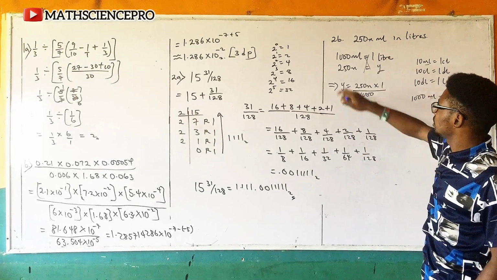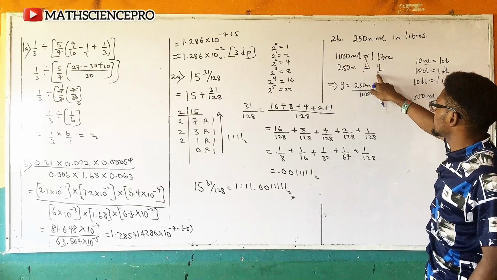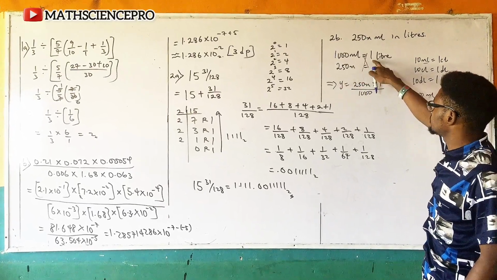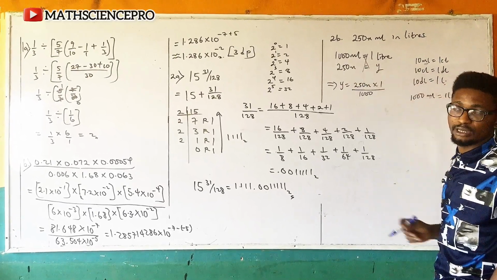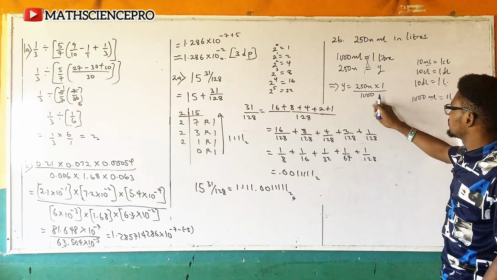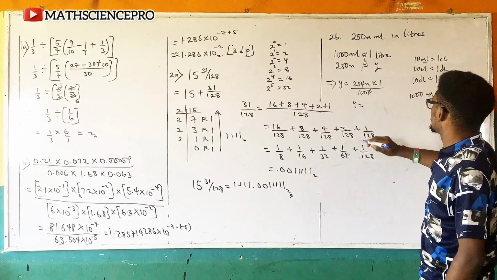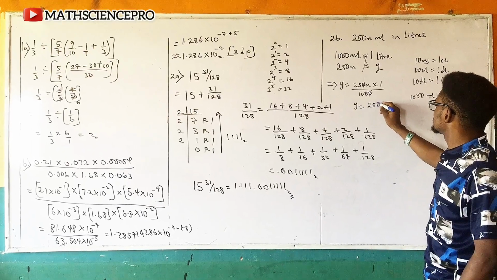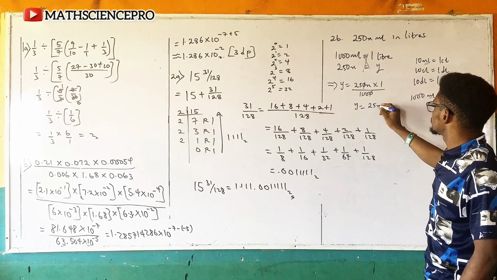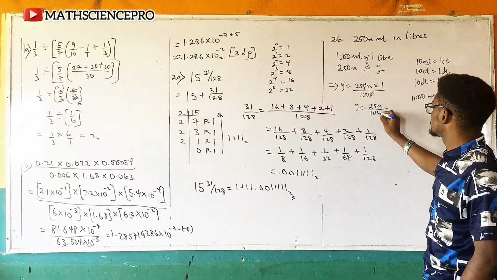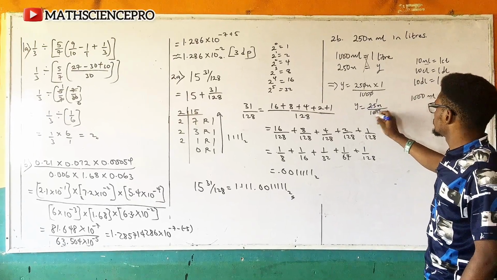When you cross multiply, you have 1000 multiplied by y equals 250x multiplied by 1. Now divide both sides by 1000. So I have my y equal to 250x over 1000, which is 25x over 100. So 25 here is 1, 25 there is 4.